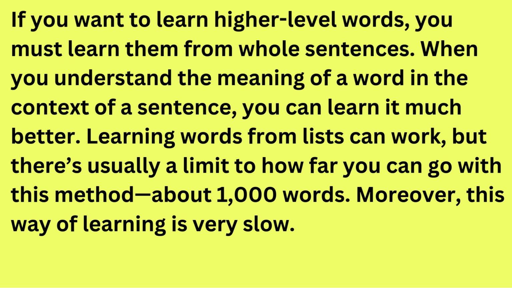When you understand the meaning of a word in the context of a sentence, you can learn it much better. Learning words from lists can work, but there's usually a limit to how far you can go with this method. About 1,000 words. Moreover, this way of learning is very slow.